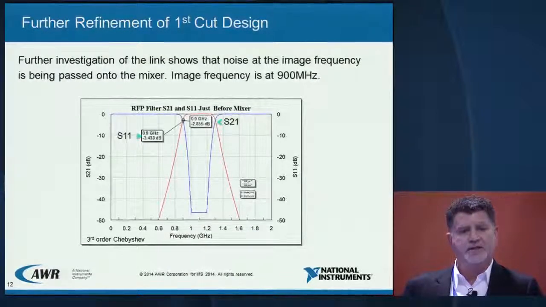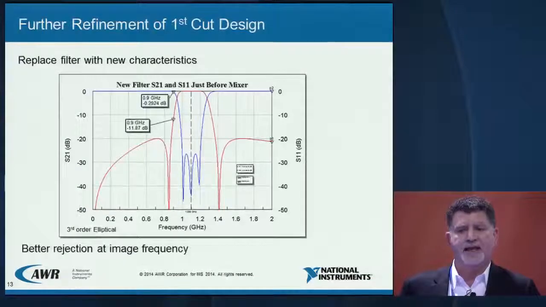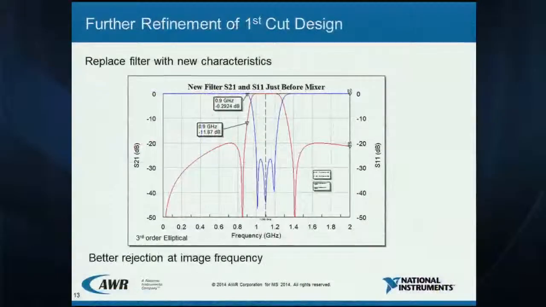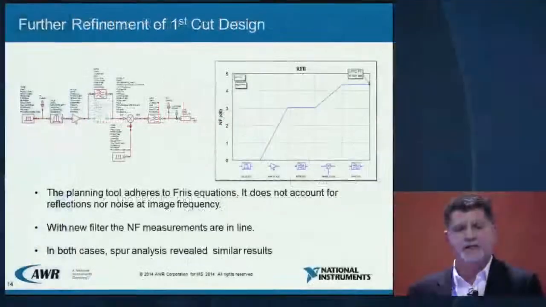The noise figure is altered as a result of having that noise at the image frequency pass through the mixer. So we'll take the first filter that we designed, make a further refinement, make the skirts steeper, reject more noise at 900 megahertz, do the analysis in VSS, and now we can come in alignment with the first calculation of noise figure.